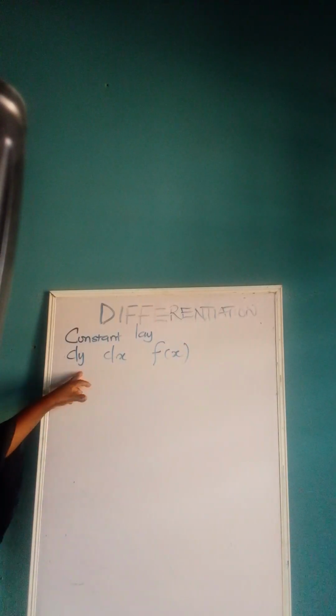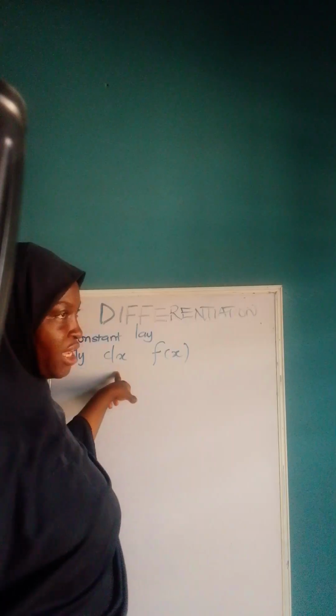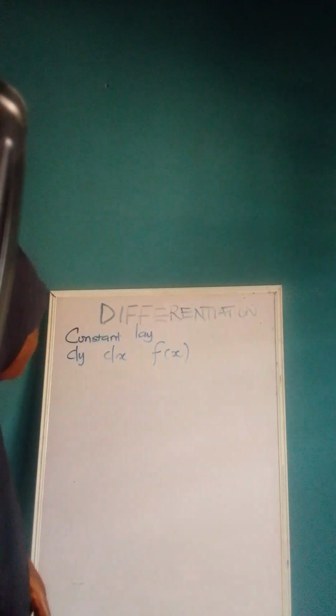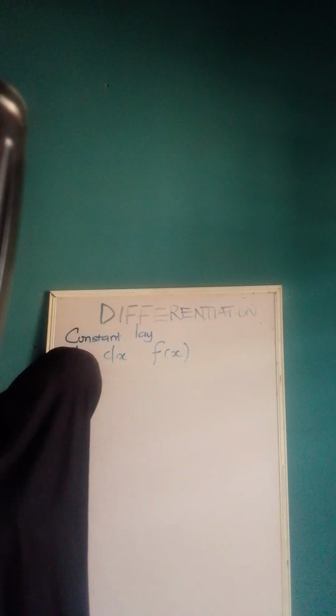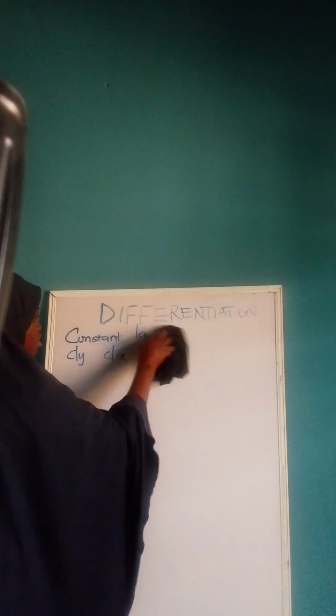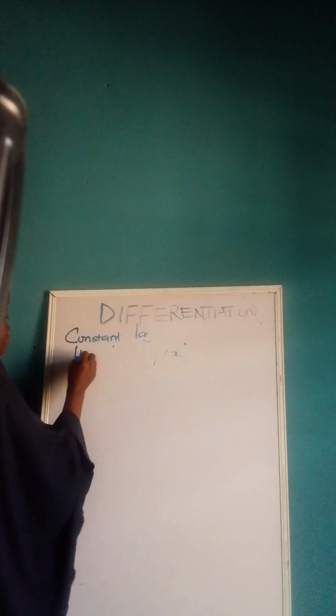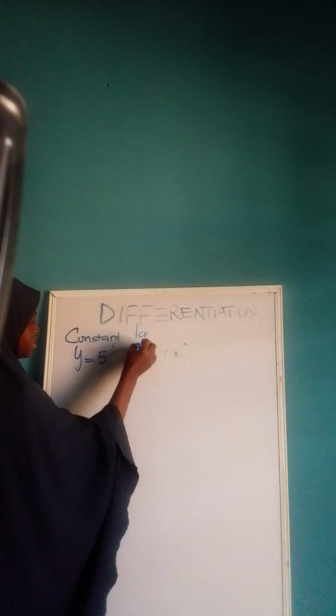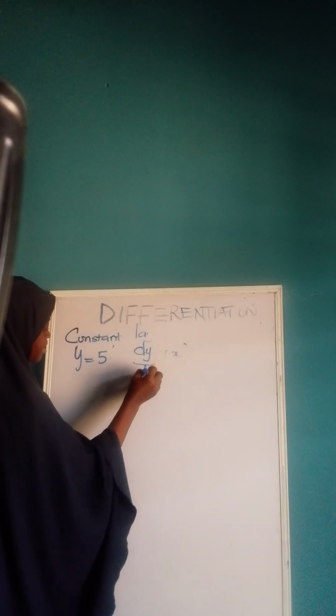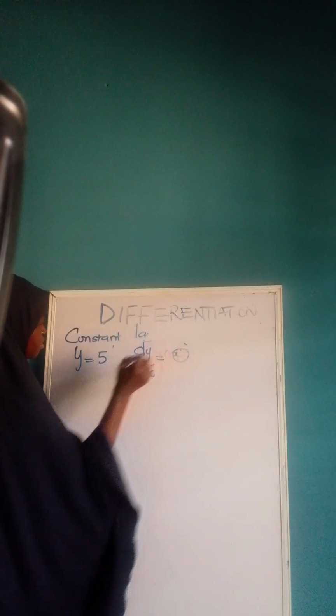The rate of change of y with respect to x will bring about differentiation. So in the constant law of differentiation, if you have, for instance, y equals 5, it means that dy over dx is going to be equal to 0.